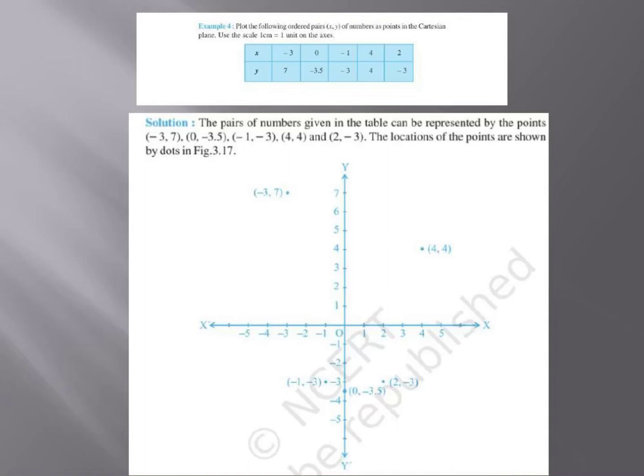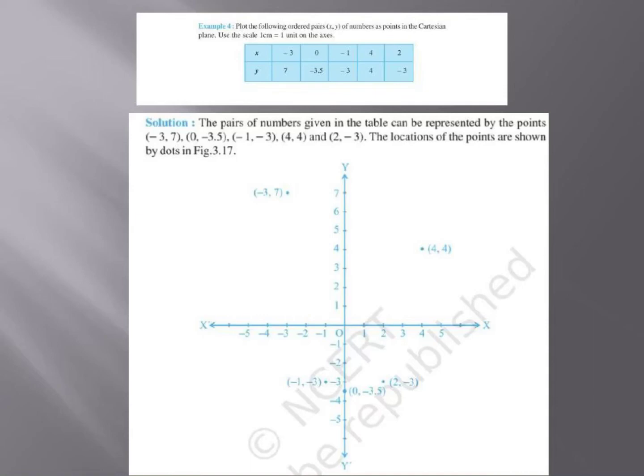Students, one thing you have to keep in mind is that whenever you are drawing any axis, the distance between two points should be the same. No matter how much distance you take, it should be the same for all the points.